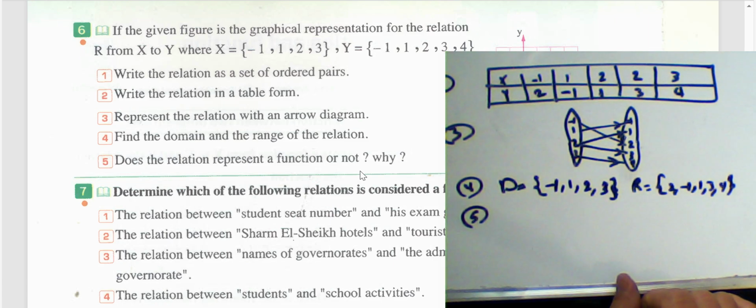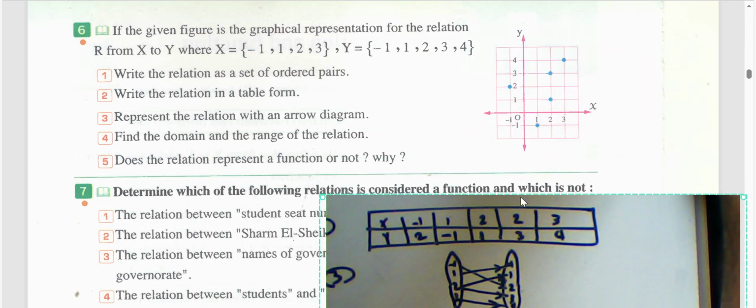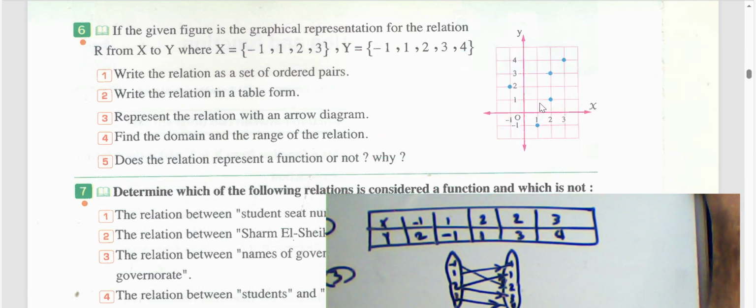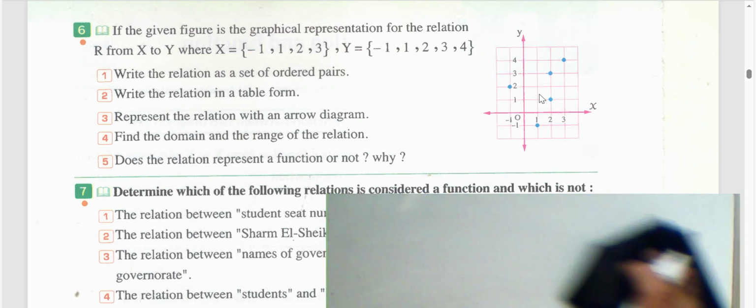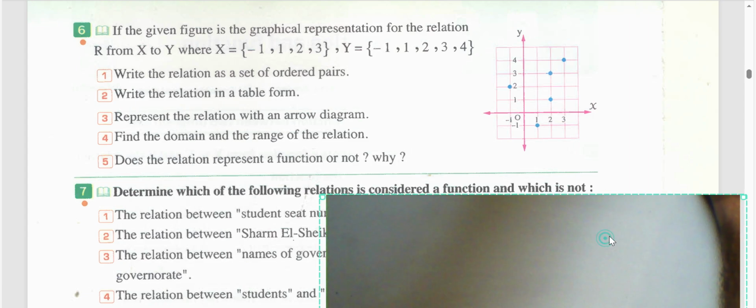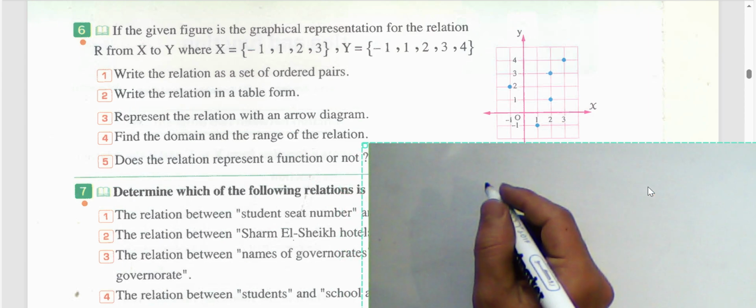It's not a function. Why? Because the vertical line at 2 on x passes through more than one point of the relation. Okay, understood? Because the element 2 on x has 2 points on the vertical line here, right?